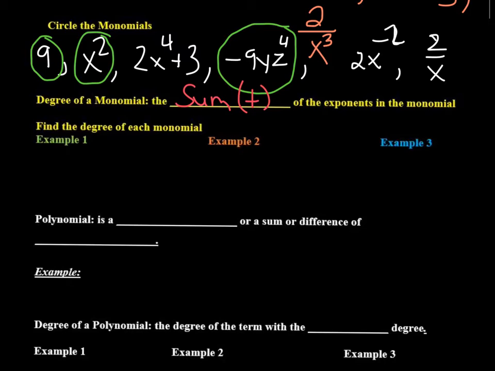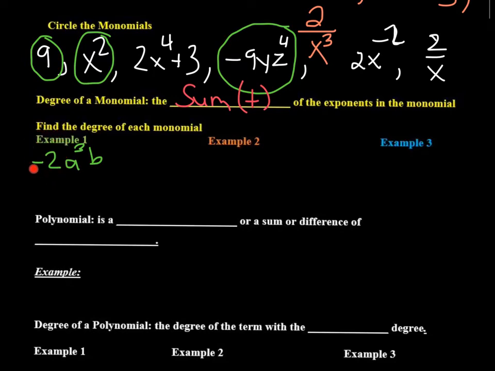So let's say we have something like negative 2a to the 3rd power and b. What is the degree of this monomial? Well, if we look back at the definition, it says the degree of a monomial is the sum of the exponents in the monomial. So in this case, this negative 2 has a power of 1, but we're not going to include that in here.